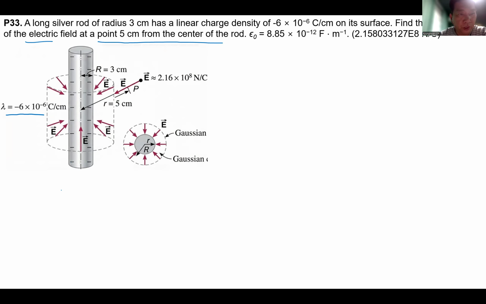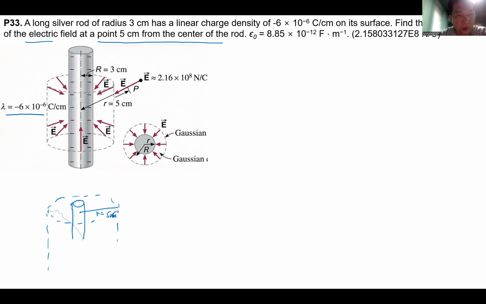Okay, so that we have this geometry which has a linear charge density, and then what we are going to do is I'm going to redraw this one. So we have a charge distribution, and then we take the Gaussian surface in the form of a cylinder, and the radius is r equal to 5 centimeters.